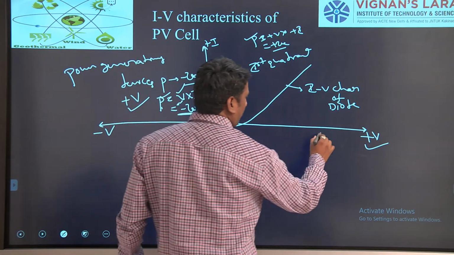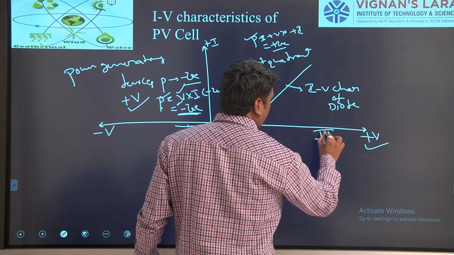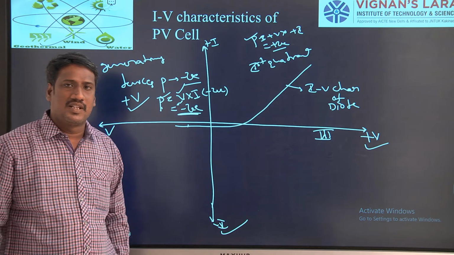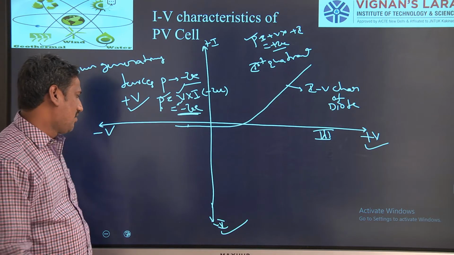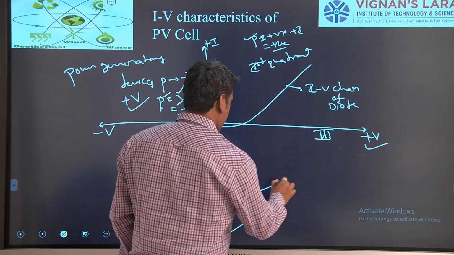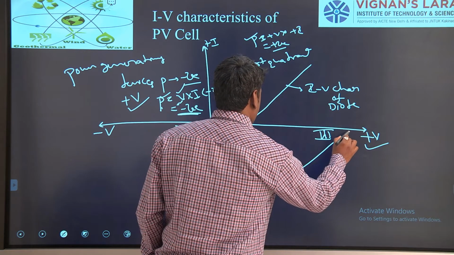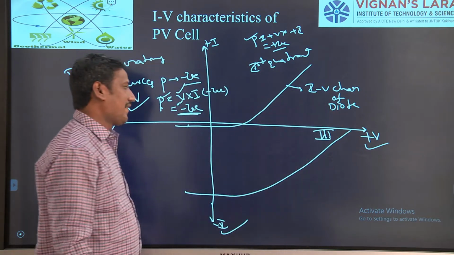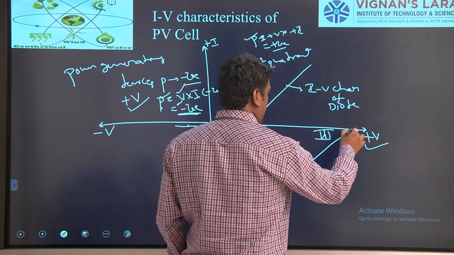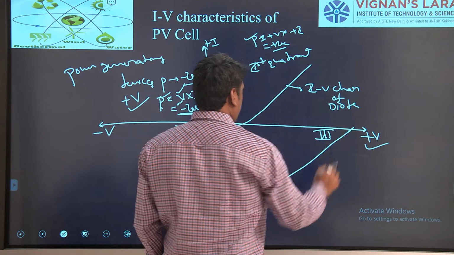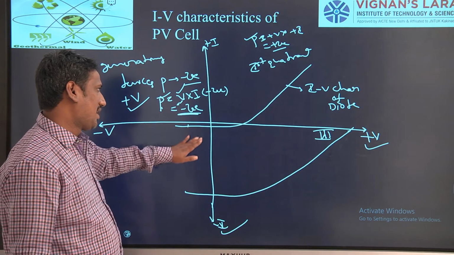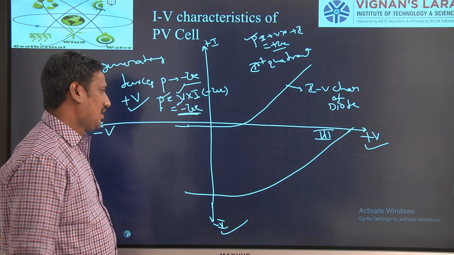Most of the operation of a PV cell will be in the third quadrant. Operation of the PV cell will be in the third quadrant. Now let us say I am drawing. The characteristics of a PV cell will be like this, which will be obtained from the IV characteristics of a diode.